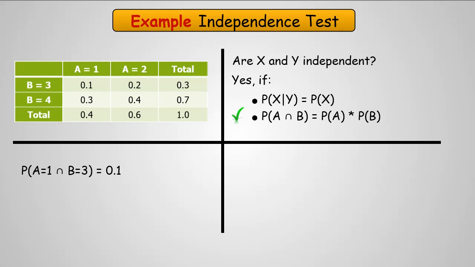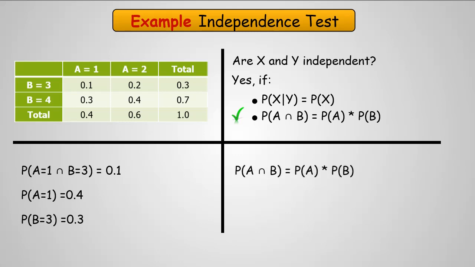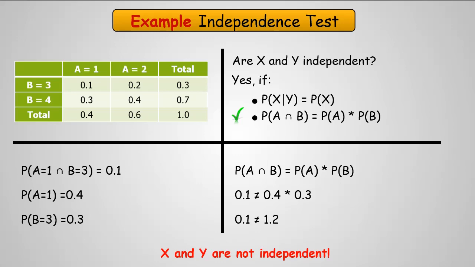Well, the probability of A, we can see, is 0.4, and the probability of B is 0.3. So, using our formula, if we just insert the values, 0.1 is not equal to 0.4 times 0.3. It's equal to 0.12. Therefore, x and y are not independent.